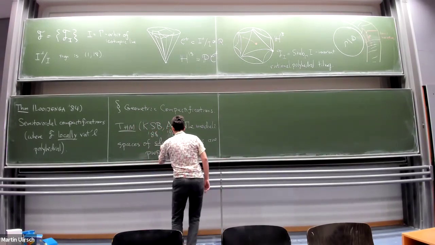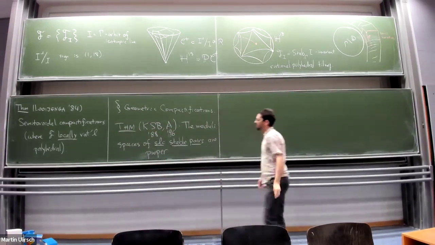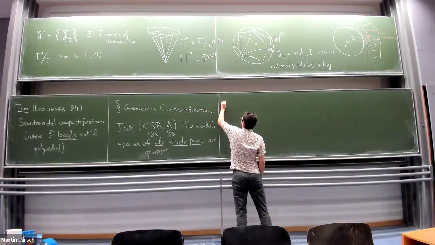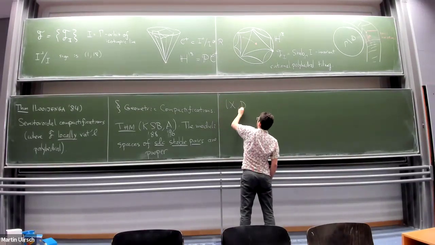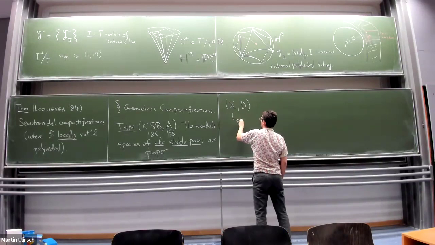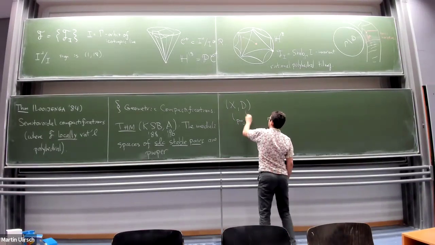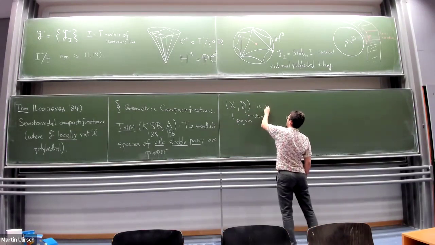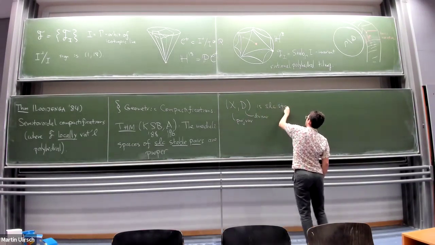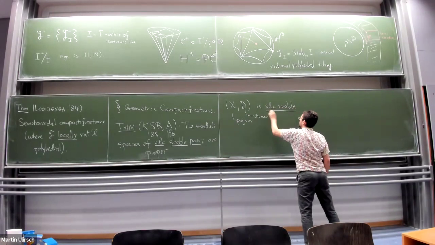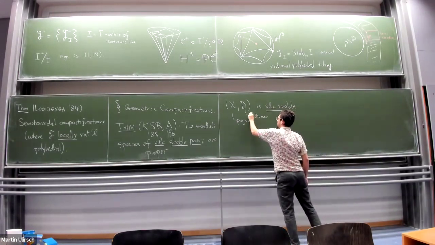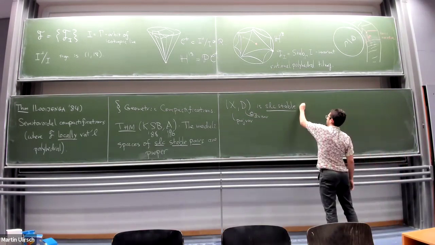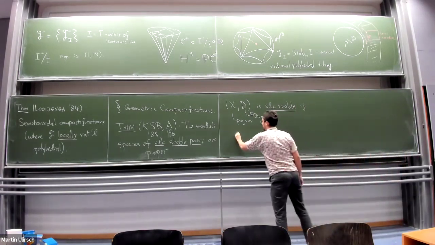Okay, so I have to tell you what are SLC stable pairs. A pair (X, D), where X is a projective variety and D is a divisor, sorry, let me specify a Q-divisor, is SLC stable if the following two conditions hold.